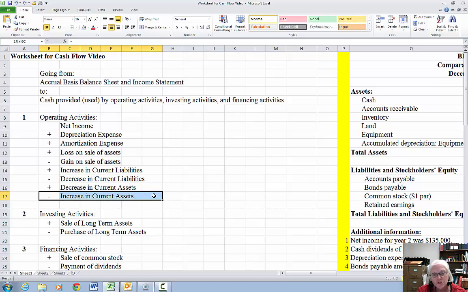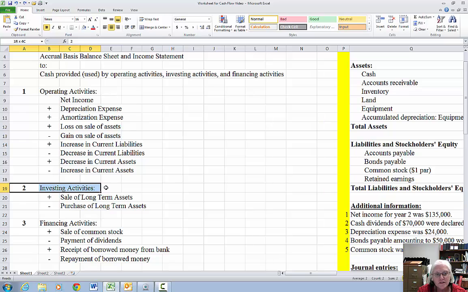When you increase your current assets, like purchasing inventory, then you have decreased your cash. Okay, I know that's a lot, but if you can learn and write this down every single time you start an operating activity section, pretty soon it's going to be second nature and it's going to be really easy for you to compute that number.